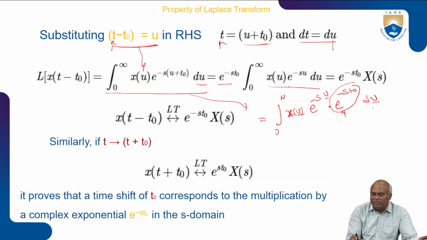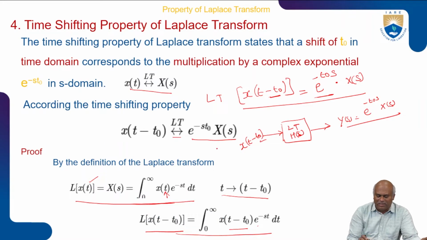See, all terms depend upon u. I compare this with the Laplace transform equation, where all terms depend on t only, so I can write this as X of s.